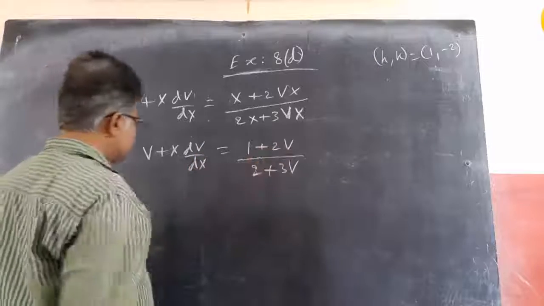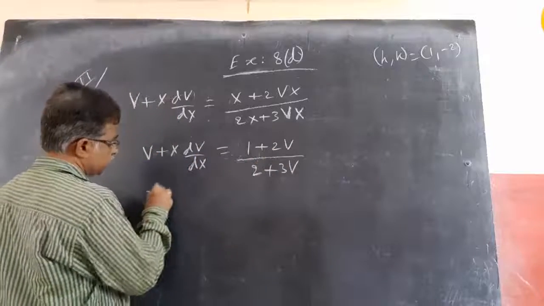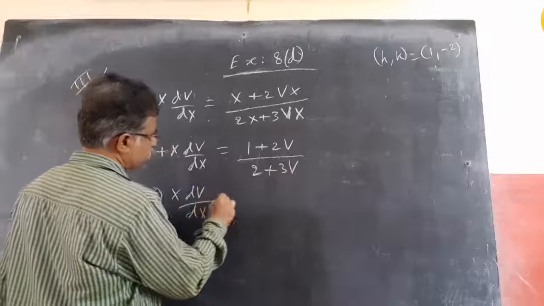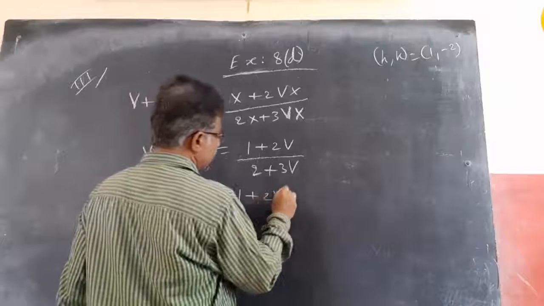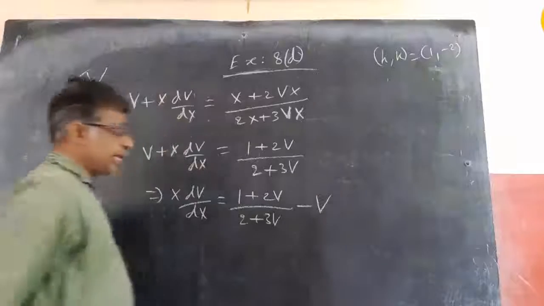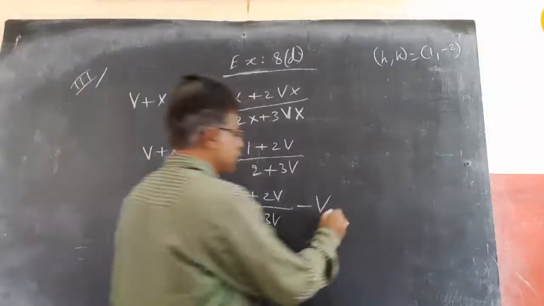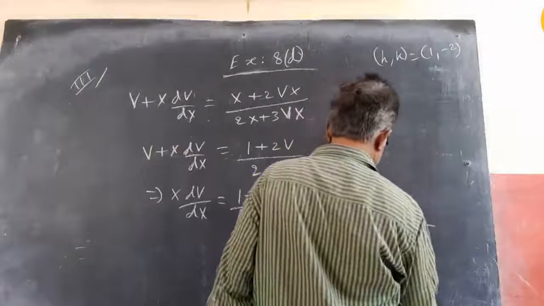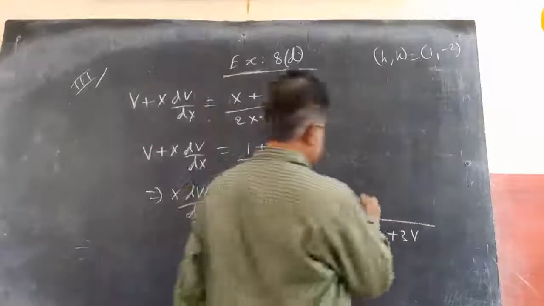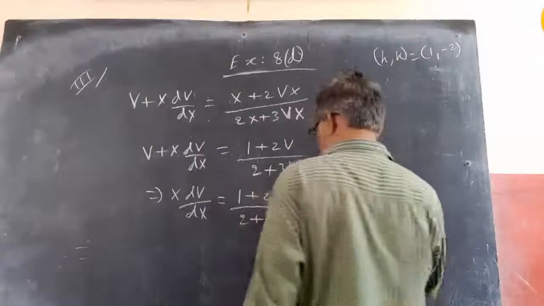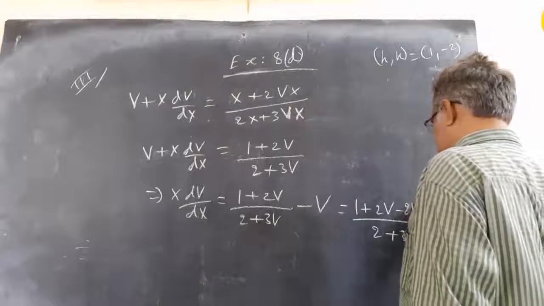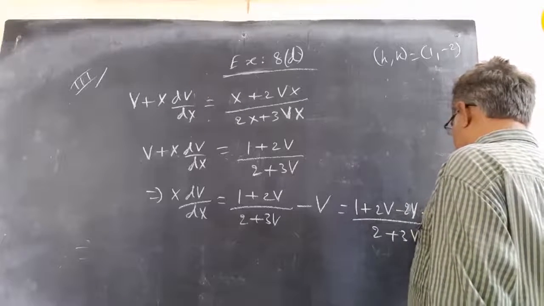Now plus v to the other side becomes minus v, so x into dv by dx equal to 1 plus 2v by 2 plus 3v minus v. Now if you take the LCM, 2 plus 3v is the LCM. So it becomes 1 plus 2v minus 2v minus 3v square by 2 plus 3v, minus 3v square.